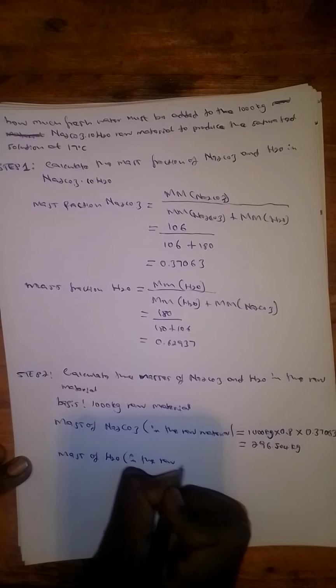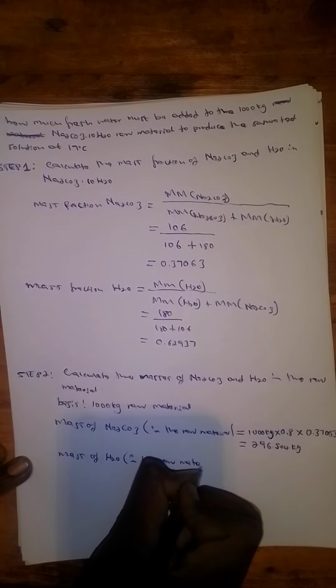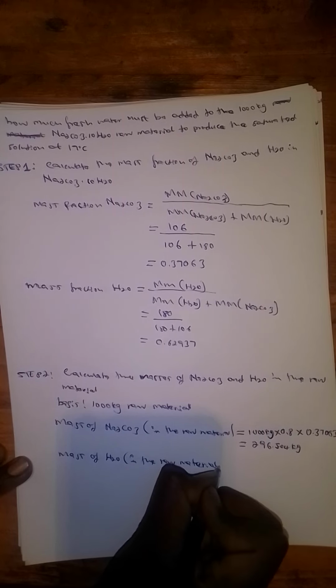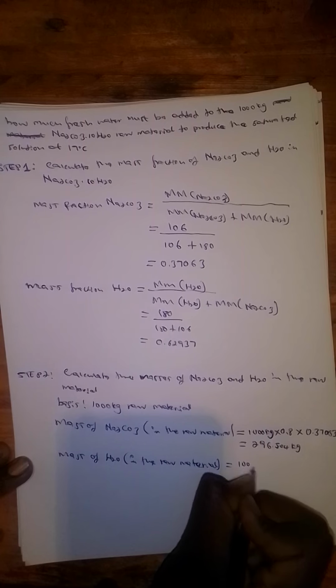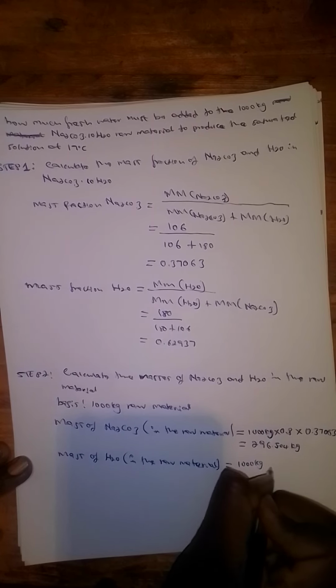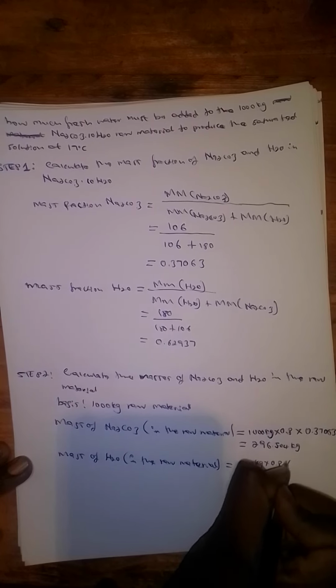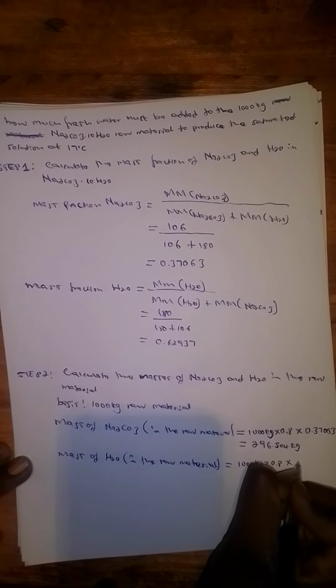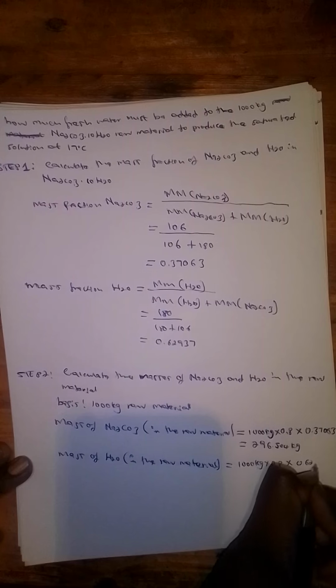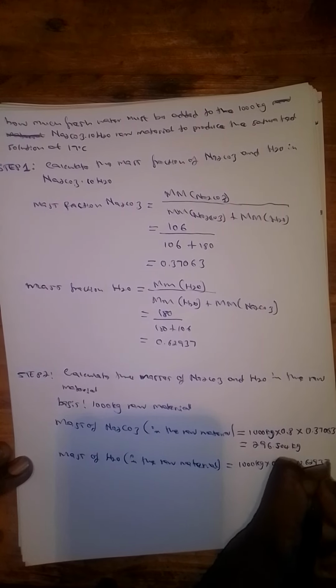Now also the mass of H2O in the raw material is equal to 1000 kilograms multiplied by 0.8, and we know the mass fraction of H2O in that compound is 0.62937.